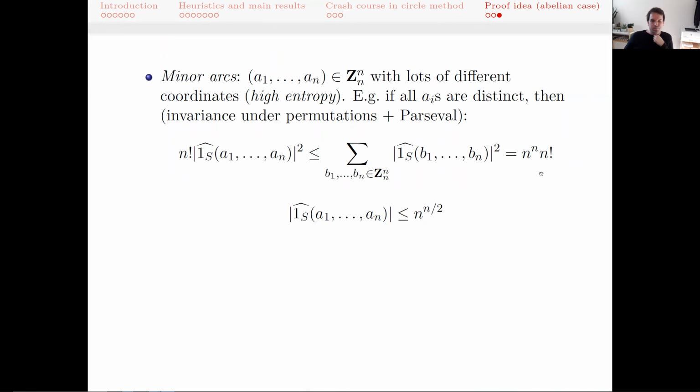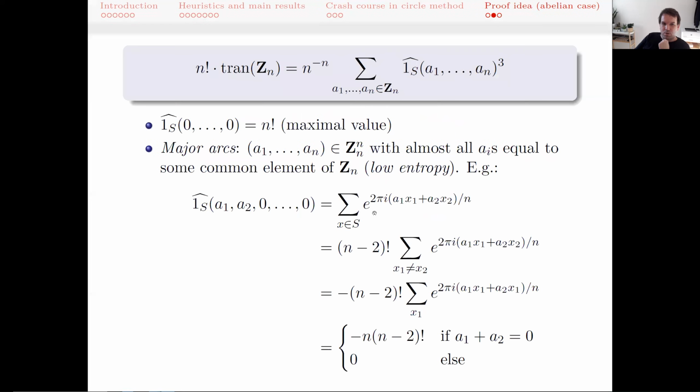This gives you that the size of the Fourier coefficient when all the a_i are distinct is at most n to the n over 2, which is much smaller than the maximum, much smaller than n factorial, and also much smaller than this minus n times (n-2)!, which was the value for this simple example of a major arc.